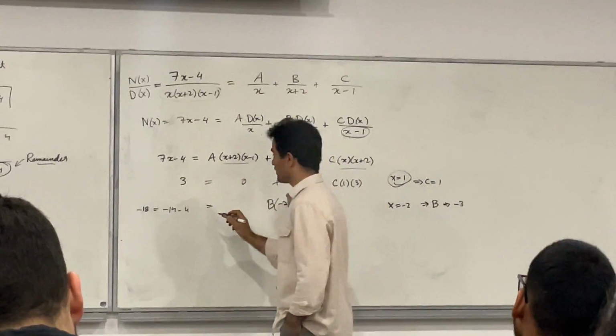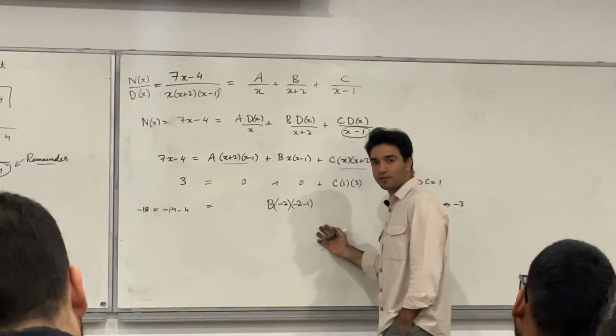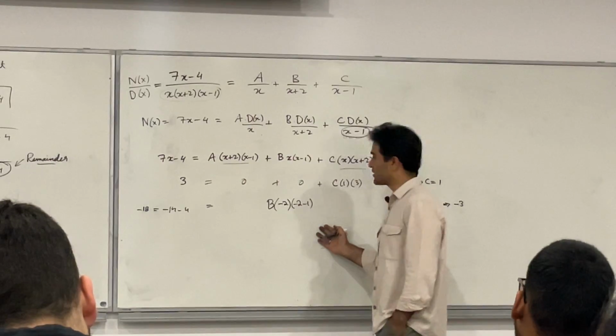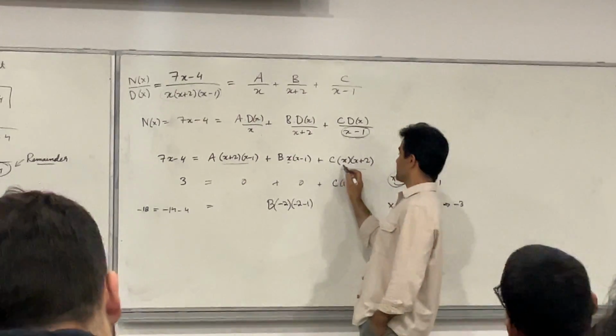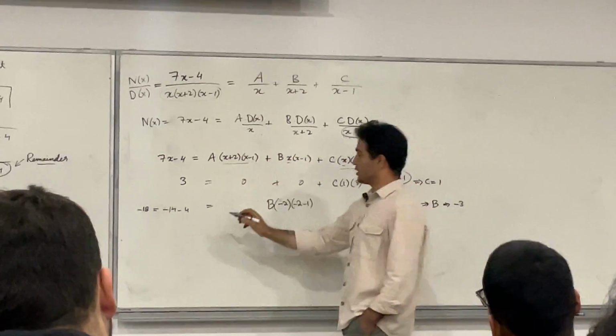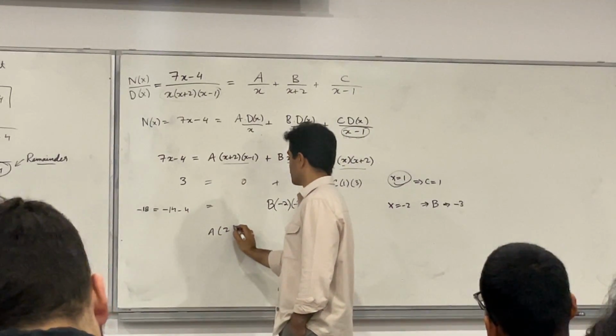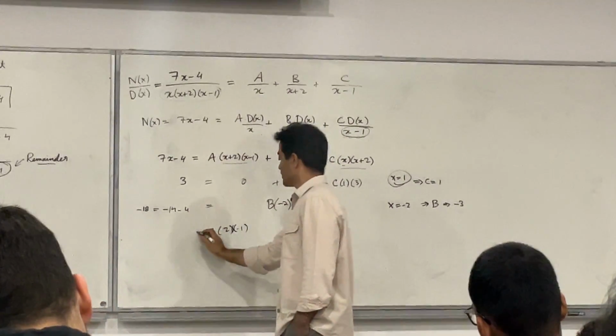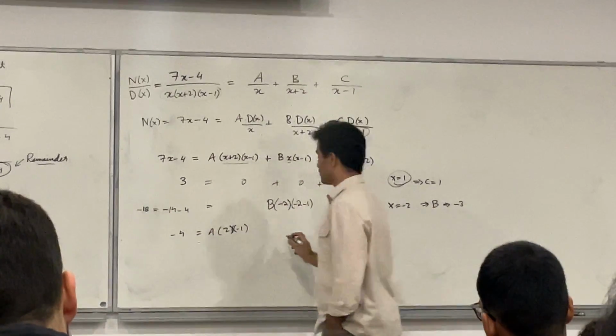Okay, and then what do we do for A? x has to be 0. Because this has x, both of these will become 0, and we get 8 times 2, 2 times minus 1 is minus 4, so A is 2.